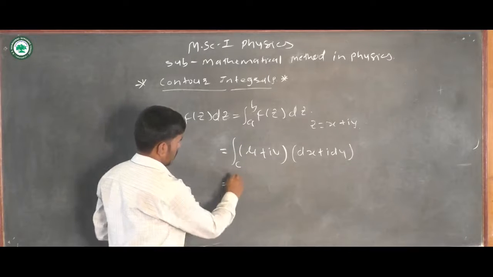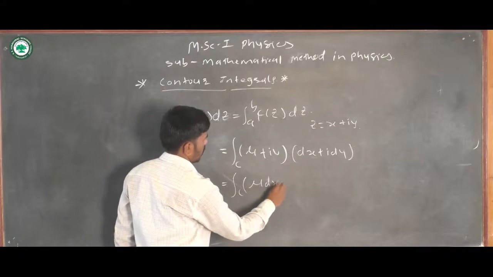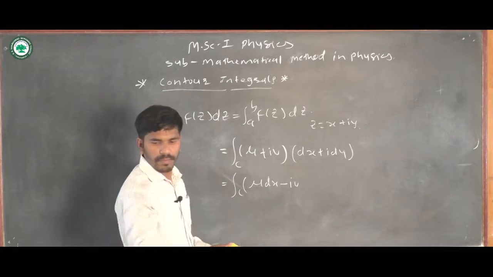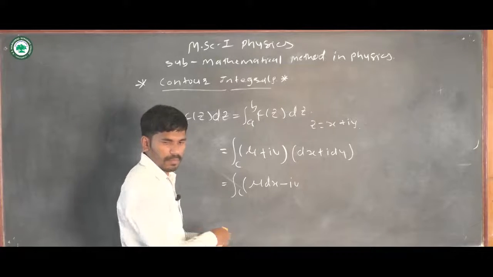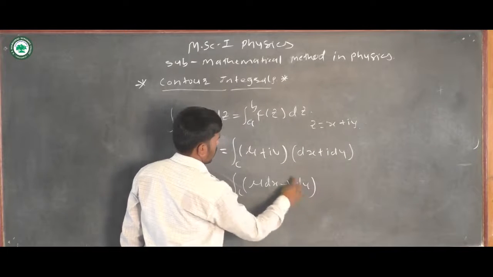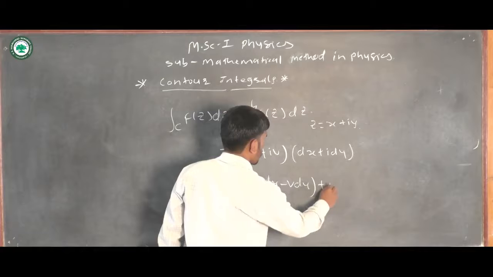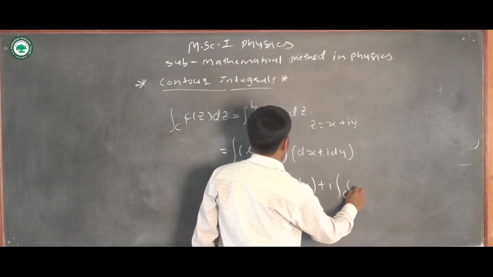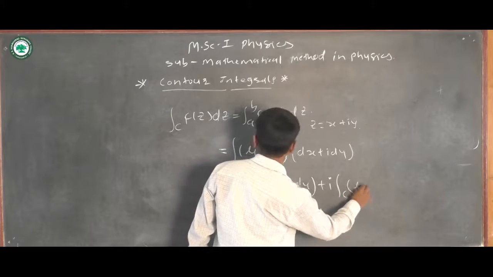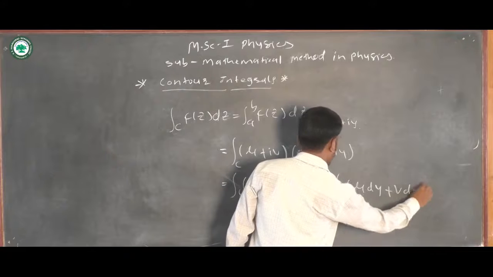Okay, so if I simplify and multiply, it is the integration over C of u dx minus v dy, plus i into the integration over C of u dy plus v dx, since iota is common.